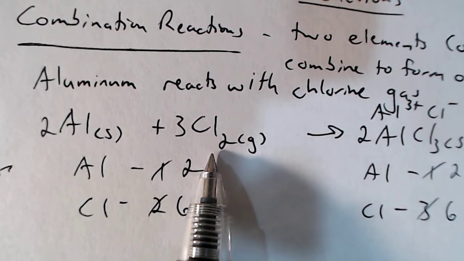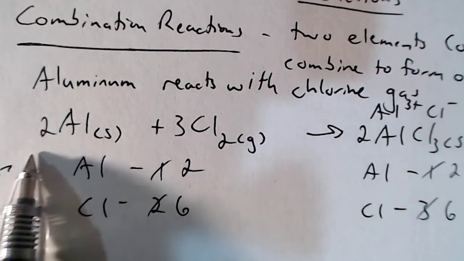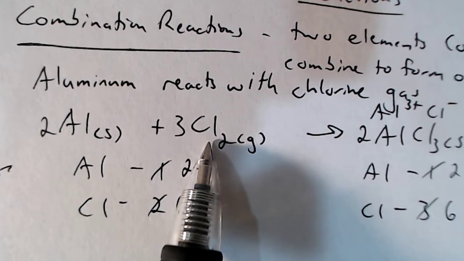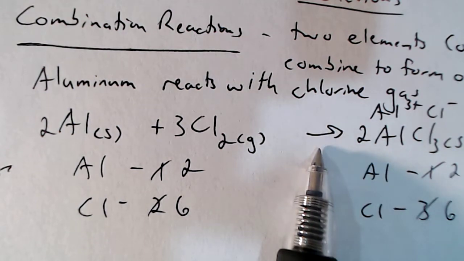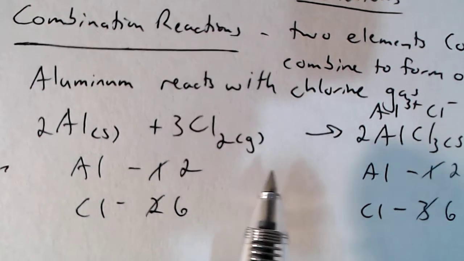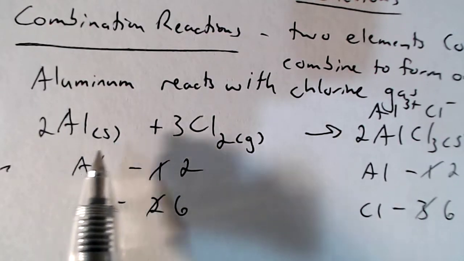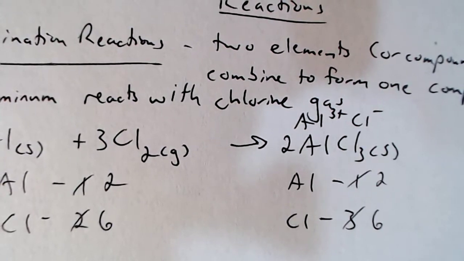And then we want to predict the products of this reaction. Yes, the reactants are on the left side and the products are on the right side of this equation. But in the middle is this arrow, which means yields or gives or results in. So to predict what we get when we combine aluminum and chlorine, we want to consider the only compound that could form.